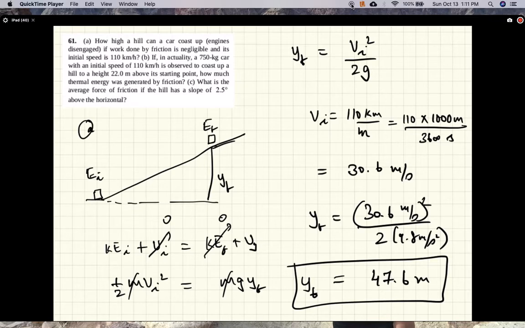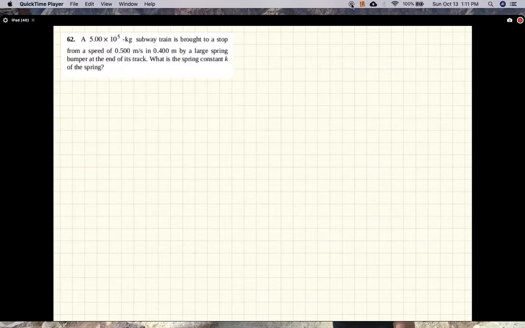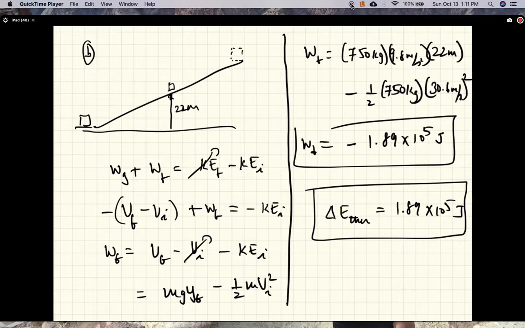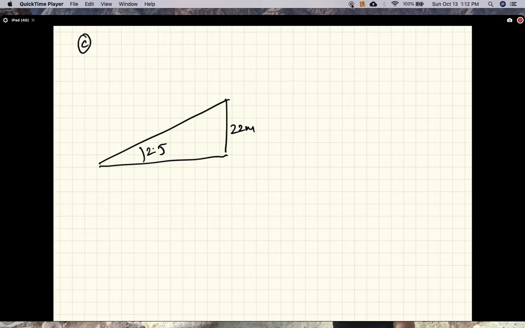Now part C, what is the average force of friction if the hill has a slope of 2.5 degrees above the horizontal? Okay, so let's add a page. Now we know how much work was done by friction, so this is 22 meters, this is 2.5 degrees, and there's the friction force, and there's the distance.